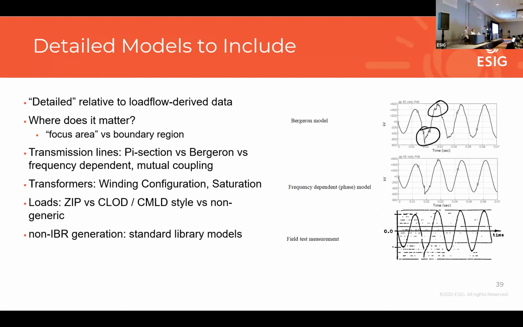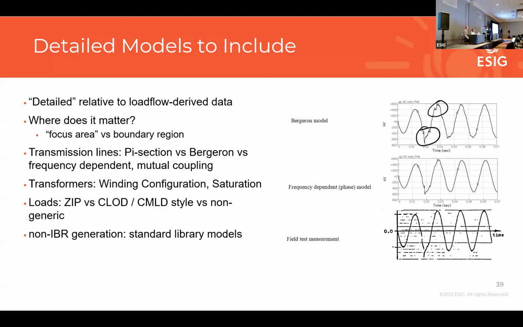So you can see in the diagram on the right side, this is a pretty old figure, but it does illustrate the point a little bit. On the first graph, this is a simulation response compared to some field measurements. The first one is a simulation done with a Bergeron line.